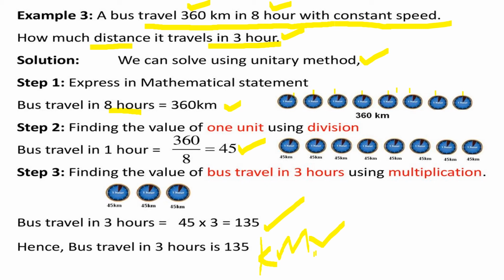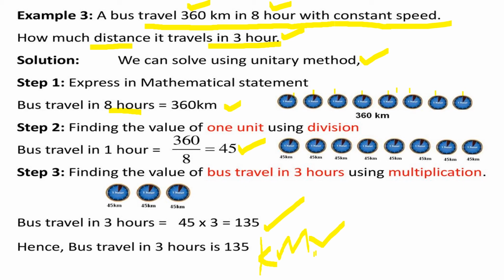What I did first was find 360 by 8, because I needed only the 1 unit: in 1 hour how much the bus travels. So in 1 hour the bus travels 45 kilometers. But the question asks how much distance it travels in 3 hours, so I have to multiply 3 into 45.